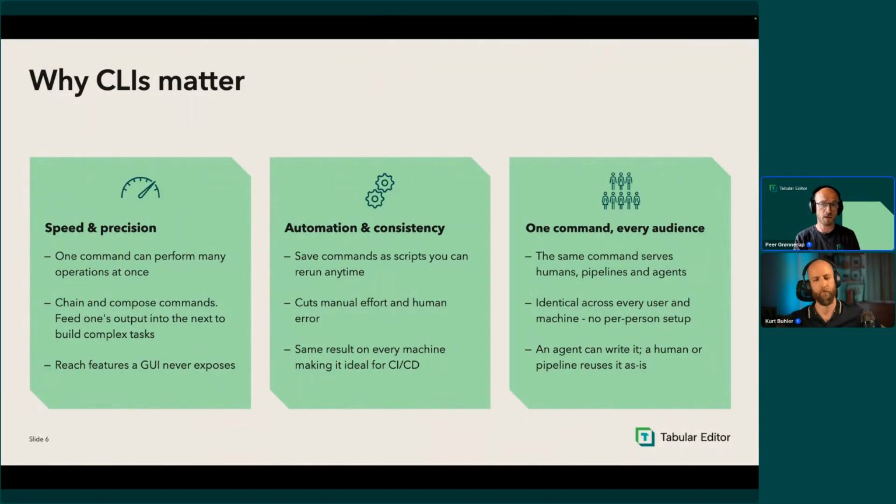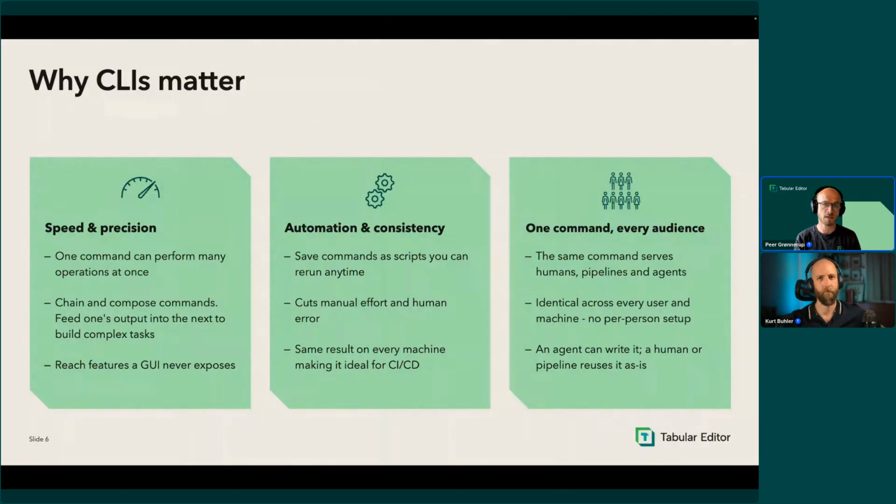You also have the possibility to automate, because you can take all of your commands, put them in scripts, and run them on a local machine as a human, headlessly in a CI/CD pipeline, or have an agent running them. And we will actually cover all three scenarios today, so all three different personas will be covered. The automation and consistency is, of course, extremely valuable when it comes to CI/CD.